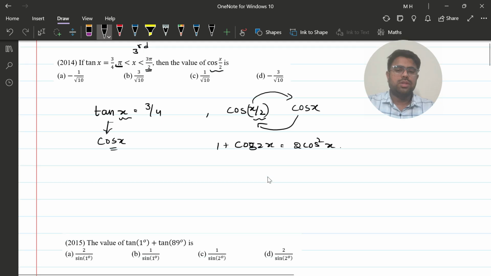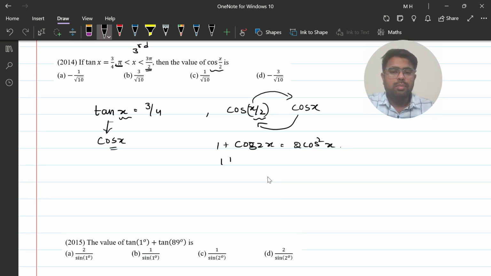So therefore if I take the half of this angle, 1 plus cos x is equal to 2 cos square x by 2, right? So this is the relation between cos x and cos x by 2.